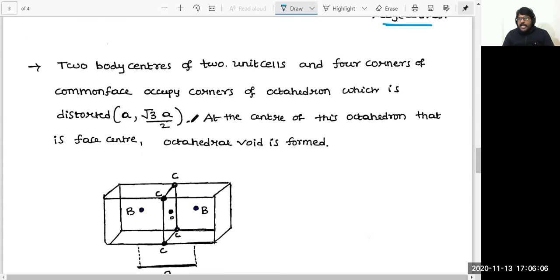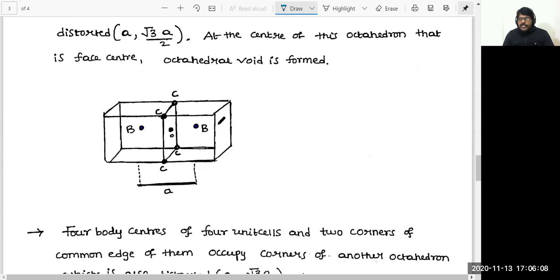In order to prove that, I am taking 2 adjacent unit cells, and you know in BCC unit cells the particles are present at the body center and corners, and this is the common face. If you carefully observe, this common face has 4 corners. I'm taking the 4 particles like this, and this body center and this body center.